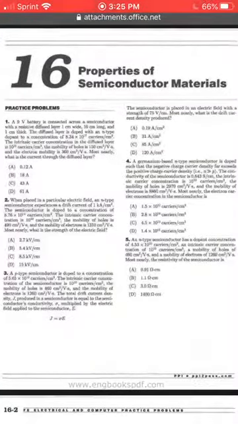The intrinsic carrier concentration in the diffused layer is 10 to the 10th carriers per cubic centimeter. The mobility of holes is 150 square centimeters per volt second, and the electron mobility is 360 square centimeters per volt second. Most nearly, what is the current through the diffused layer?